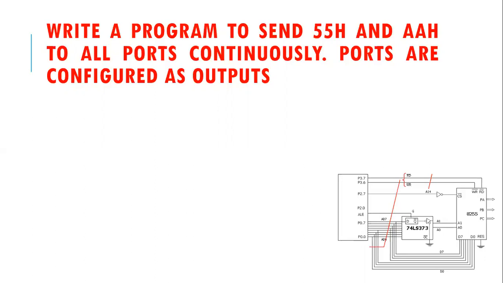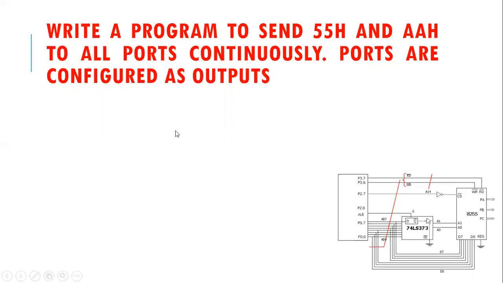The address of the control register will help us to select the 8255 and also to select the ports. The content of the control register is for configuring the ports.